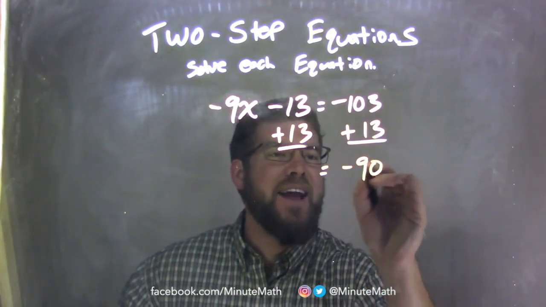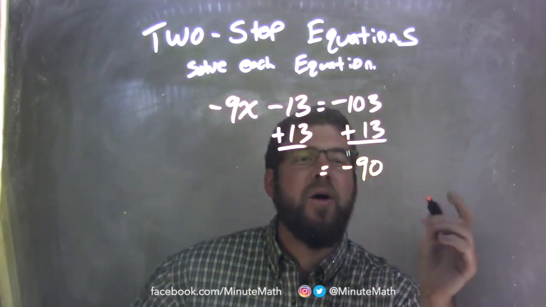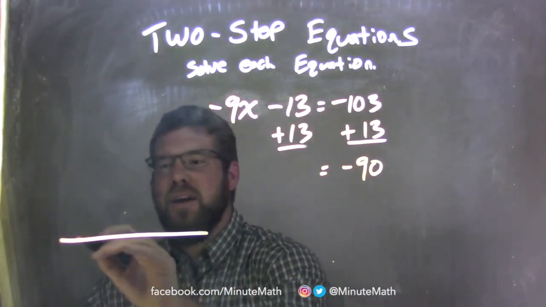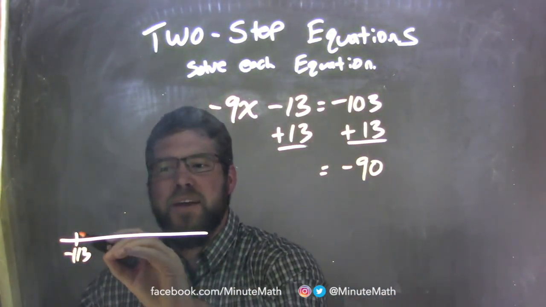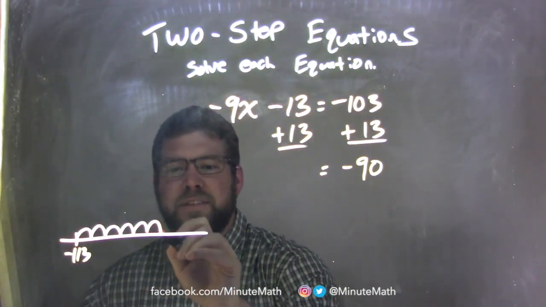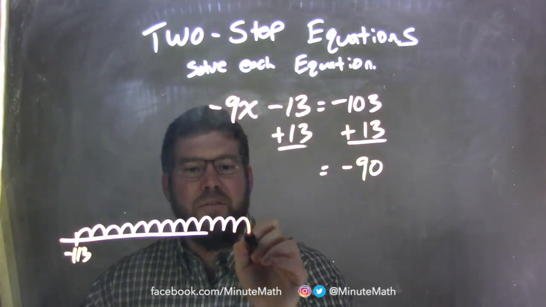Okay, negative 90. Now, if you need to see that, you can always draw a little number line here and really count 13 units, 1, 2, 3, 4, 5, 6, 7, 8, 9, 10, 11, 12, 13.